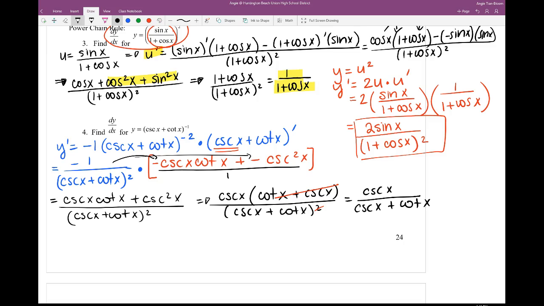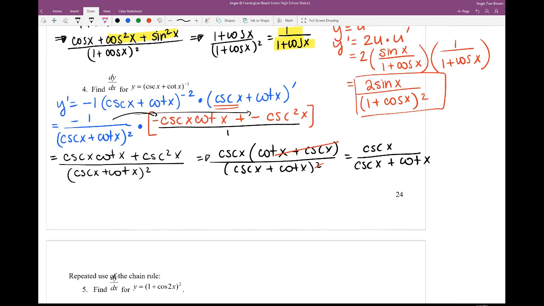Should we convert to sine and cosine? Of course we should, okay? Cosecant of x is 1 over sine of x. And then I'm going to write division this way: 1 over sine of x divided by 1 over sine of x plus cosine of x over sine of x.